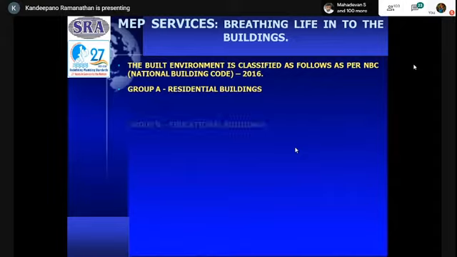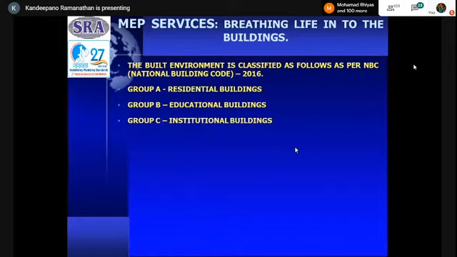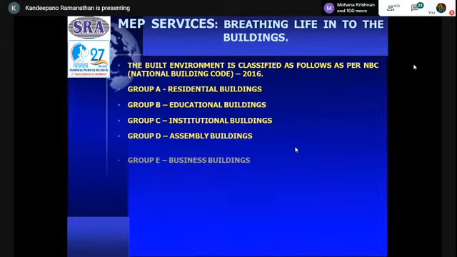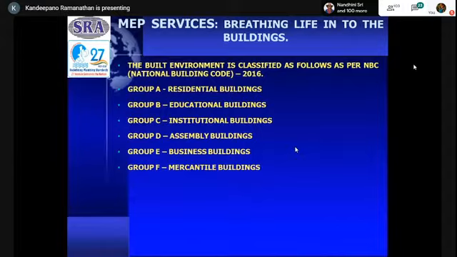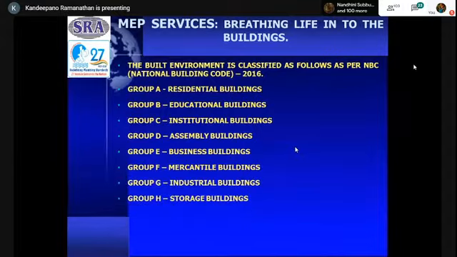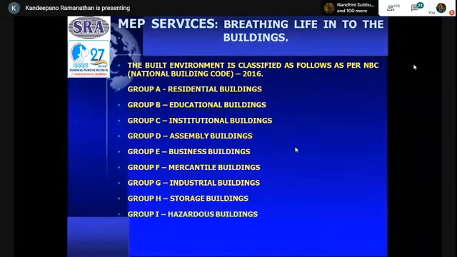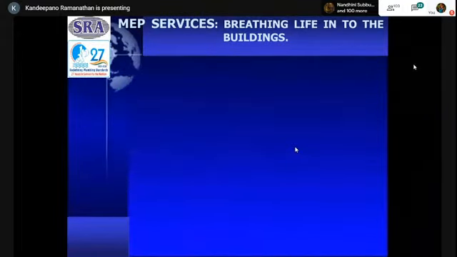So group A is residential buildings, group B is educational buildings, group C is institutional buildings, group D is assembly buildings. We'll look into what each classification means a little later. Group E is business buildings, group F is mercantile buildings, group G is industrial buildings, group H is storage buildings, and group I is hazardous buildings.